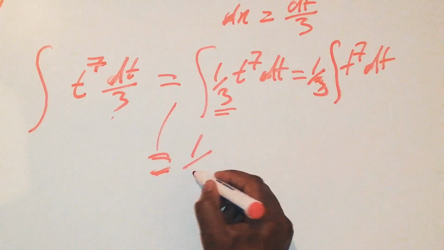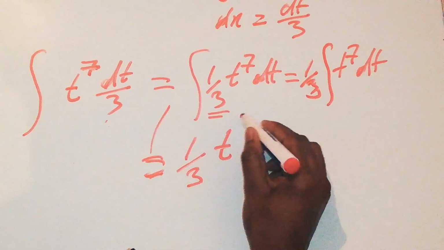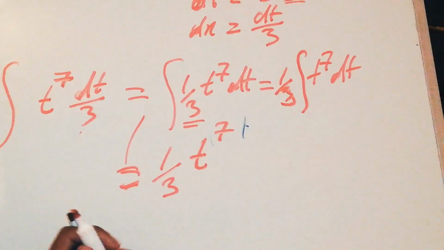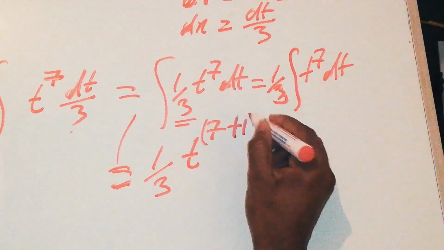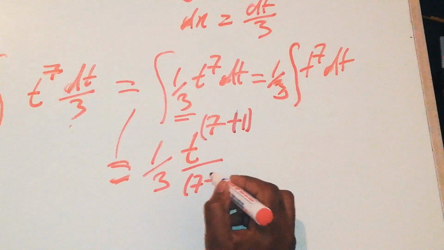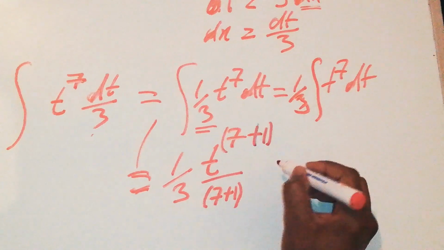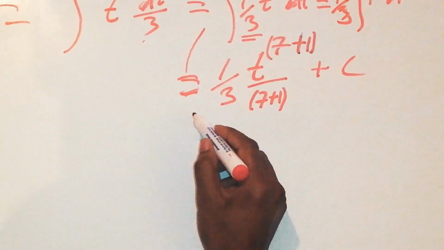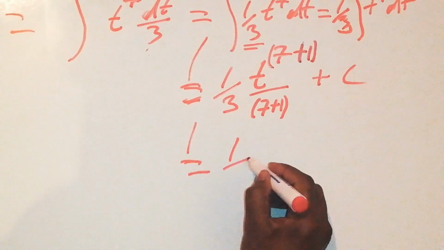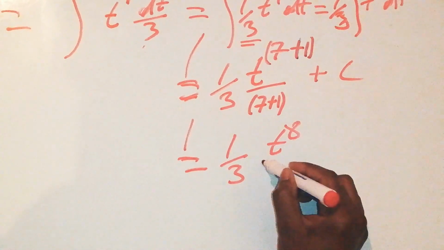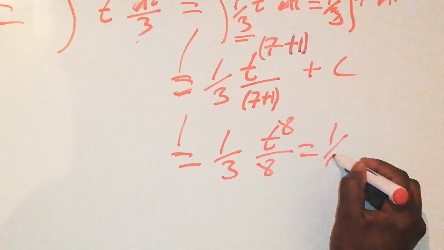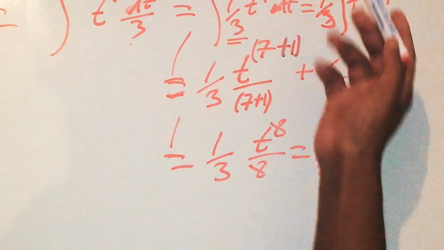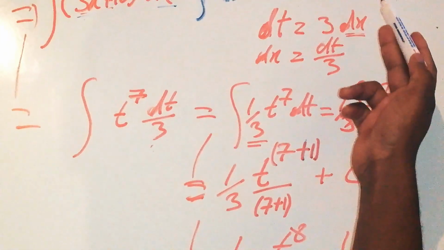Then I'm going to have 1/3 times t exponent 7 plus 1, over 7 plus 1, plus c. Then I go further: 1/3 times t^8 over 8, which is 1/24 t^8. Now I remember t is equal to 3x plus 10.